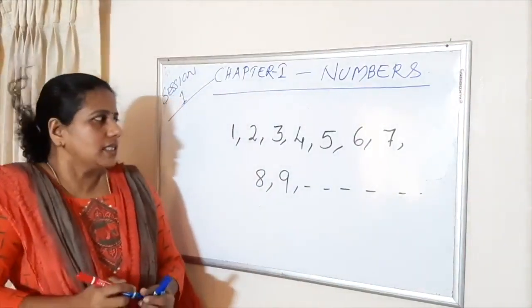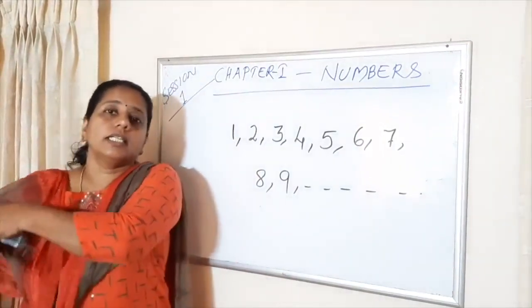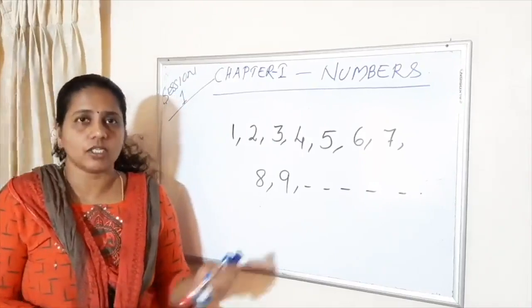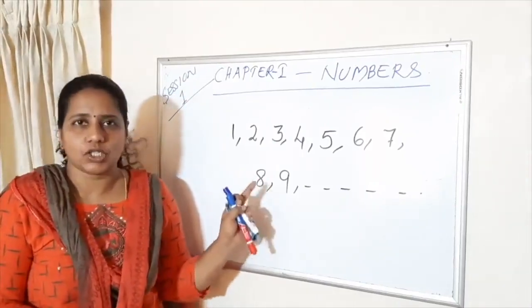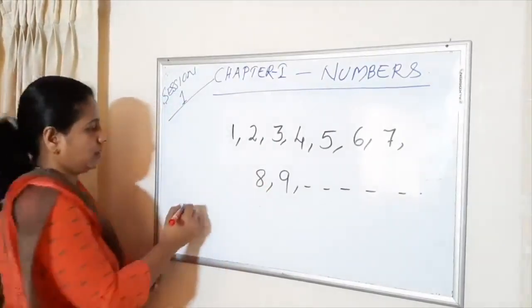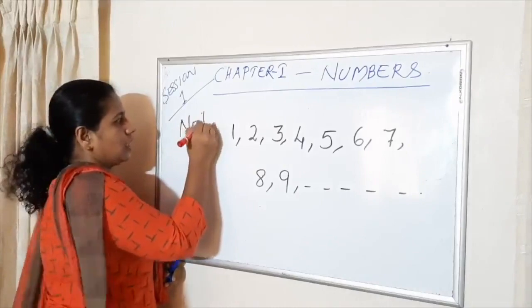These counting numbers are called the natural numbers. What is it called? It is called the natural numbers.